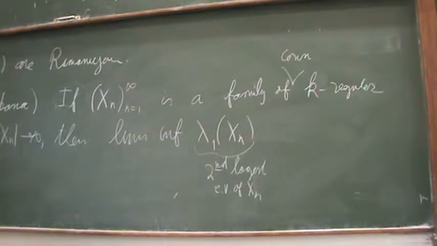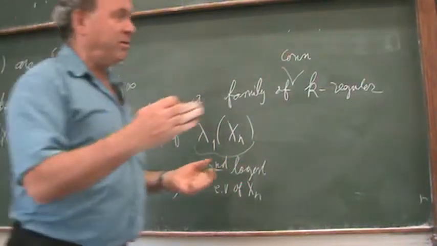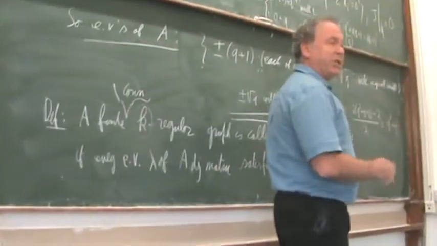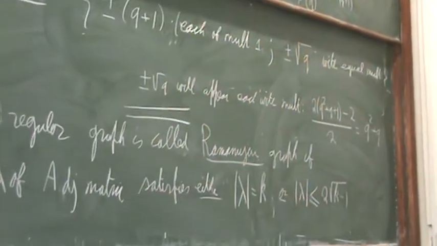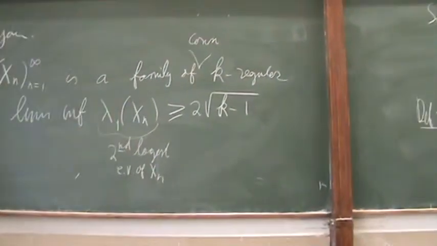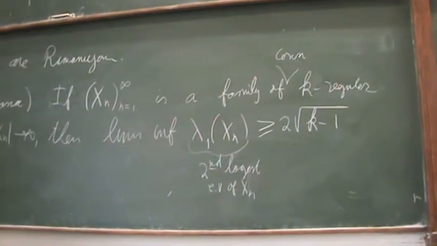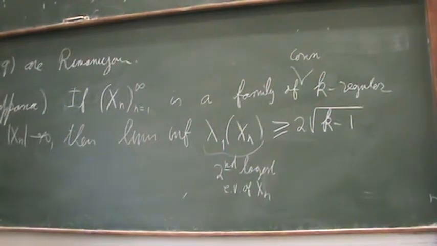Even if you take the limit, if you take a subsequence such that lambda 1 is as small as possible, it won't help you. So Ramanujan graphs are fantastic, right? In Ramanujan graphs, it is something like 2 square root, much less than k. But Alon-Boppana tells you that this is greater than or equal to 2 square root of k minus 1. So you can never win over the Ramanujan. The Ramanujan graphs are like the optimal expanders in this sense.